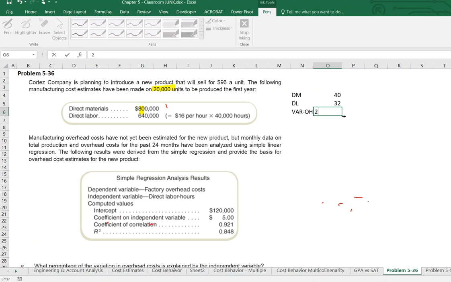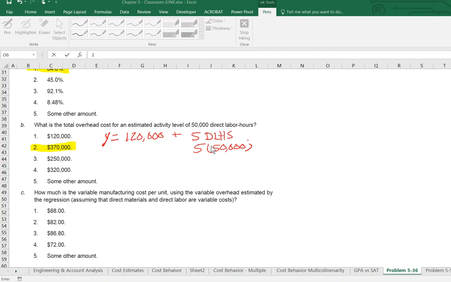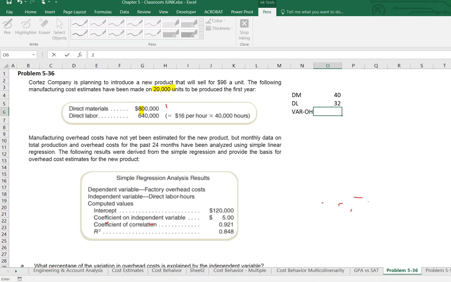And our slope coefficient was, rather, $5 per direct labor hour. So we're going to simply take that 2 hours per unit, times our 5, and we get an overhead cost of $10 per unit.